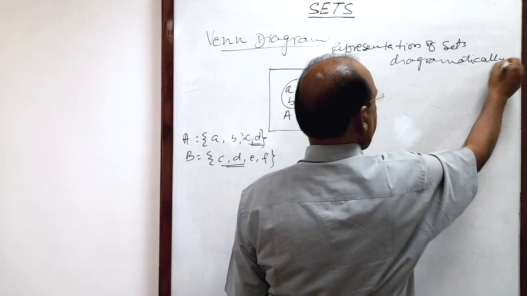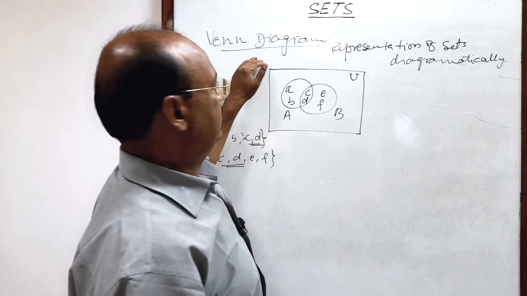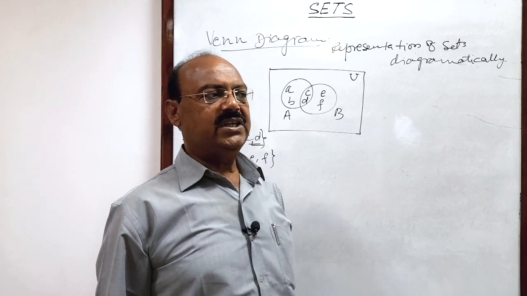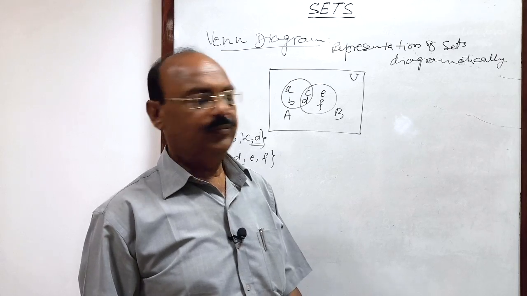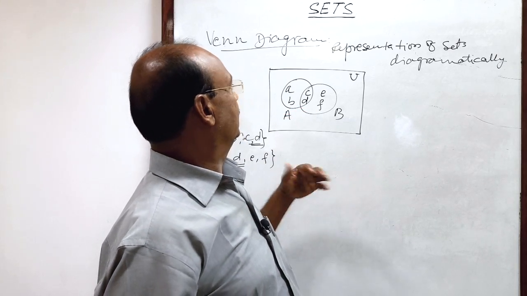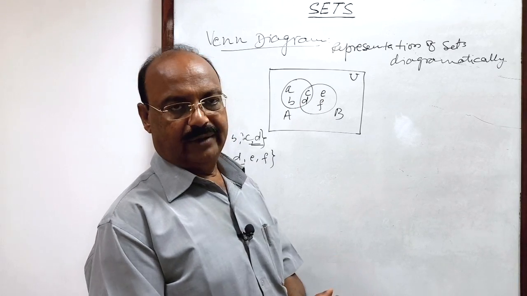Not only sets can be represented with the help of this diagram, which is known as Venn diagram, we can also represent some simple operations on sets, that we will see in the next video. So we can represent operations on sets using this Venn diagram.